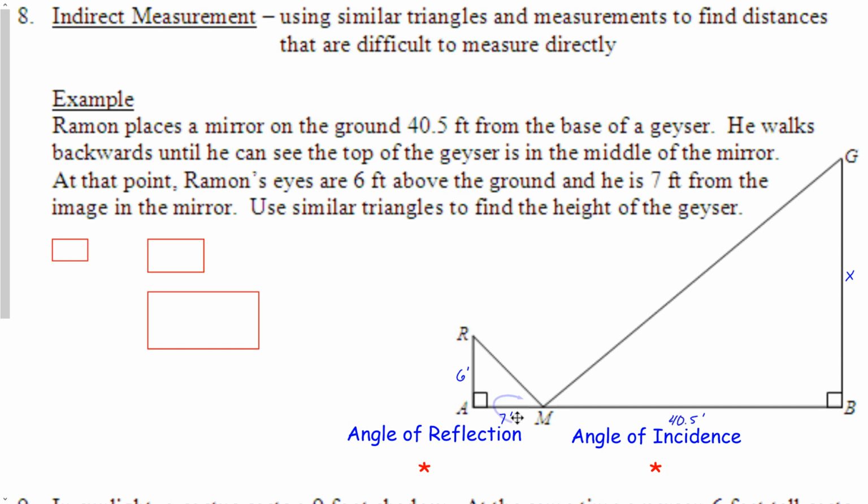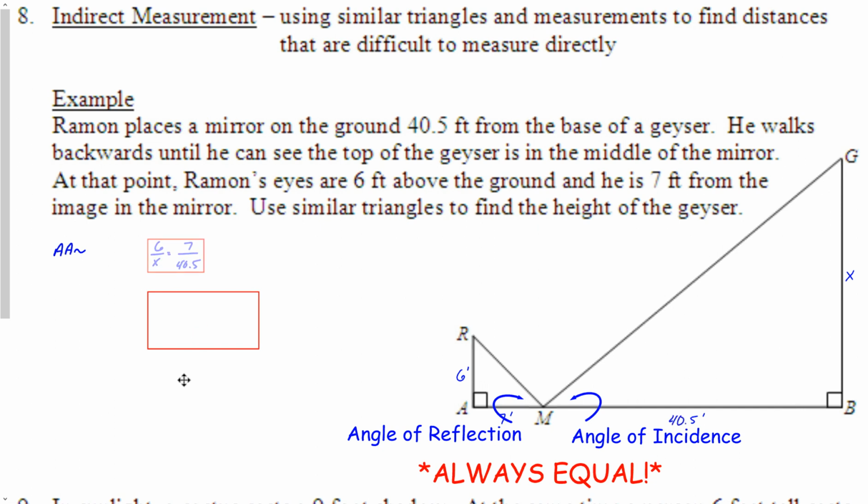The angle of reflection and the angle of incidence, they look like they might be vertical angles, but they're not because they're not formed by just two straight lines. The important part about angle of reflection and angle of incidence, and maybe you've learned this in science, is that these are always equal to each other. They're always congruent. So in situations like this, we are using angle-angle similarity because we have right angles, because things stand up straight off of the ground, for our purposes at least.